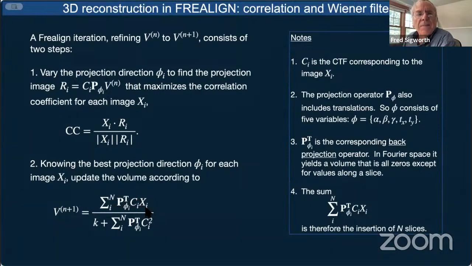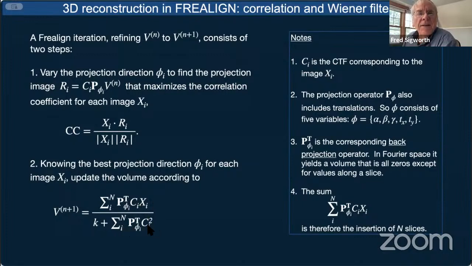We have the original image. We multiply by the CTF. Remember, that's just like the Wiener filter. We do a slice insertion. That's what this P transpose operator is, into a 3D volume, and we sum this over all of the images and all of the projection directions. So this is doing the 3D slice insertion to get some kind of 3D volume.